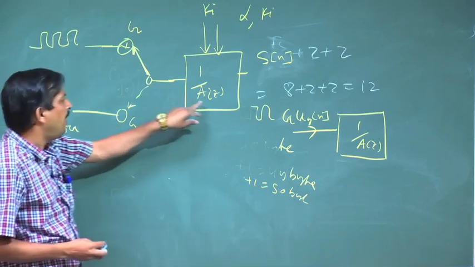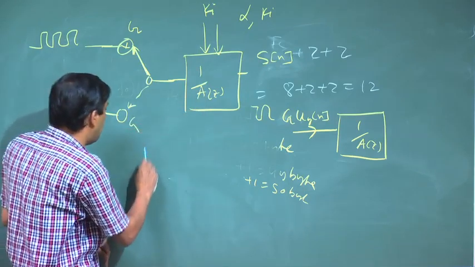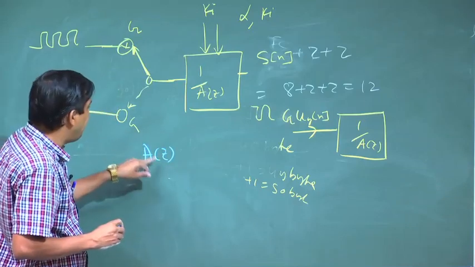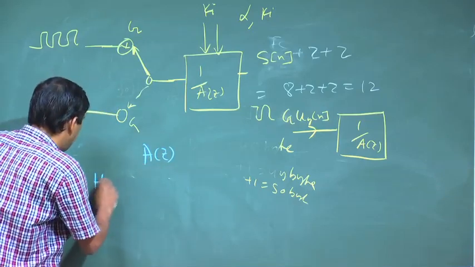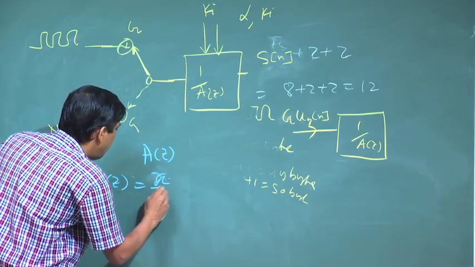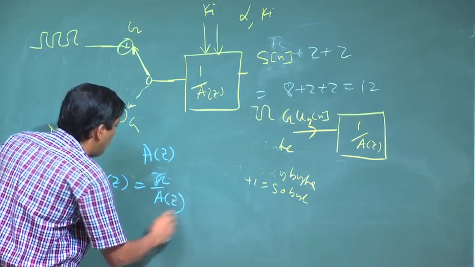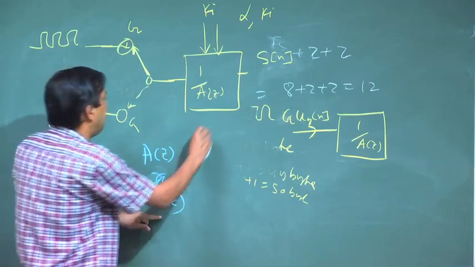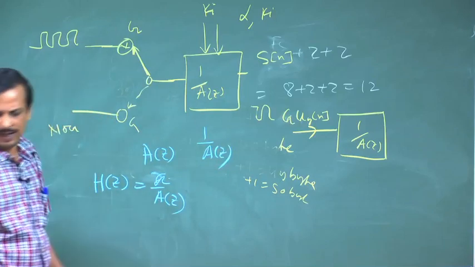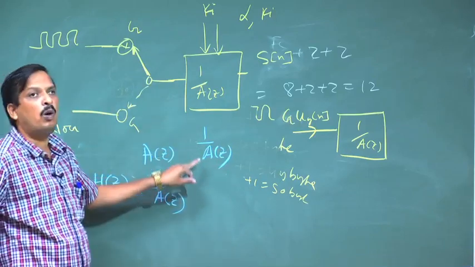So how do you implement A(z)? I know how to implement A(z). Now H(z) is nothing but G by A(z), so I want to implement 1 by A(z). How do I implement 1 by A(z)?